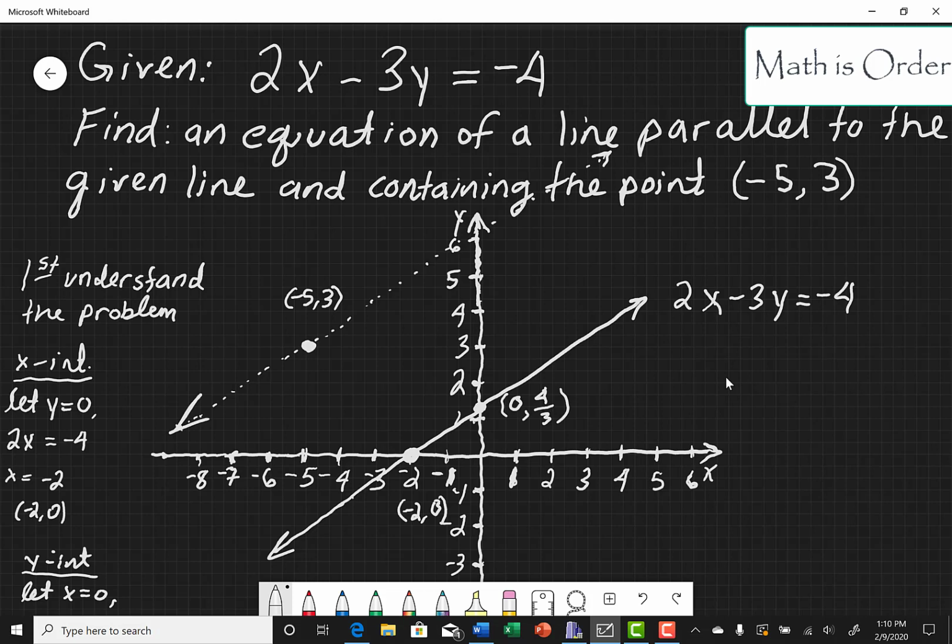Now, our goal is, what is the equation of this parallel line here?